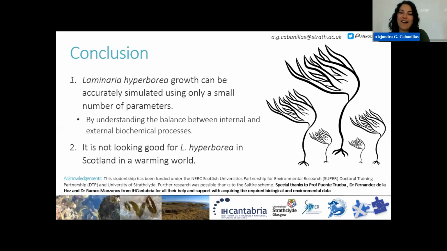We haven't actually looked at geographical distributions with the plant currently, because we've focused more on being able to simulate growth given the current environmental conditions. So is it happening at the warm range edge? It is the next step that we have to test in the model.